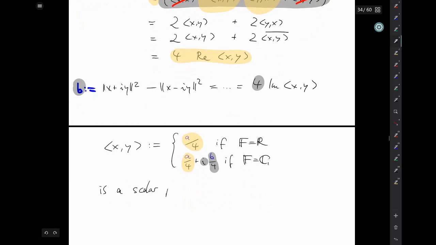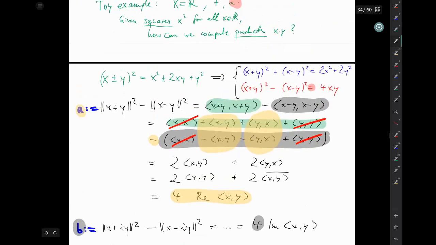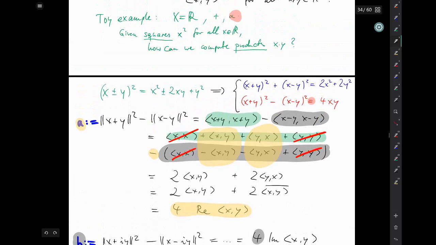So this is a scalar product on X if, and here's the condition. And to see this condition, we follow up our computations up to our toy example, where we also saw this first equation, and that one is not using scalar products at all, it's just using squares.